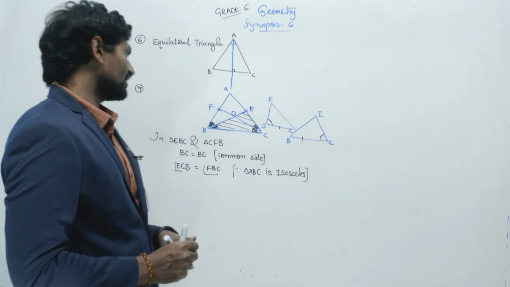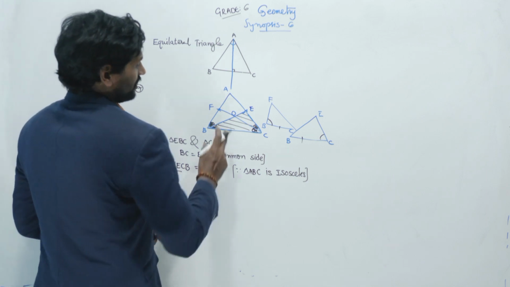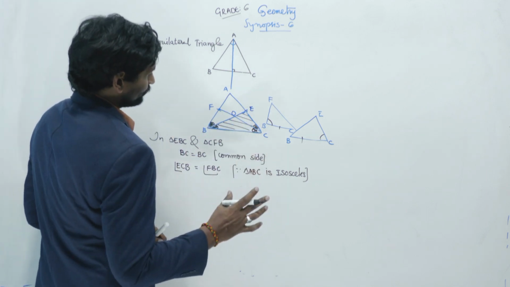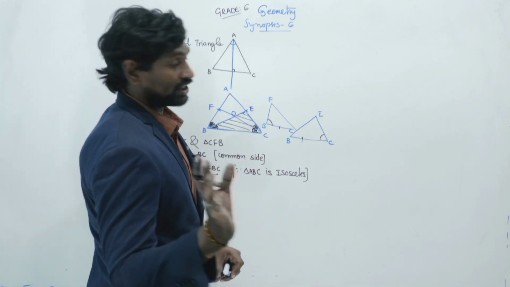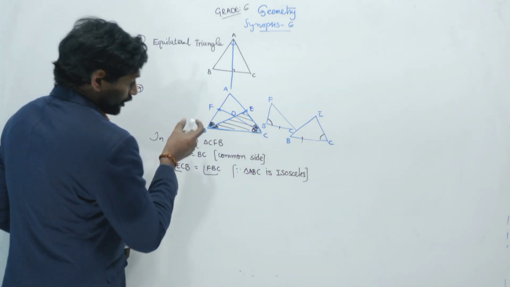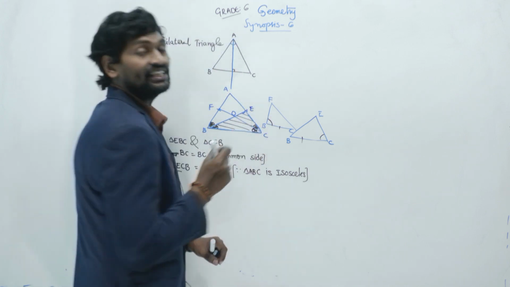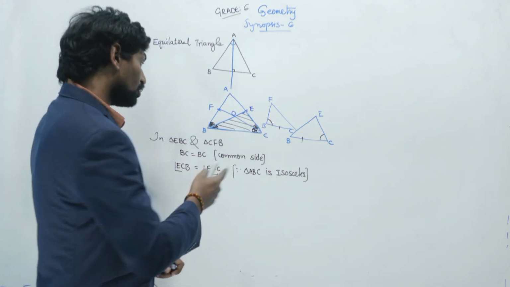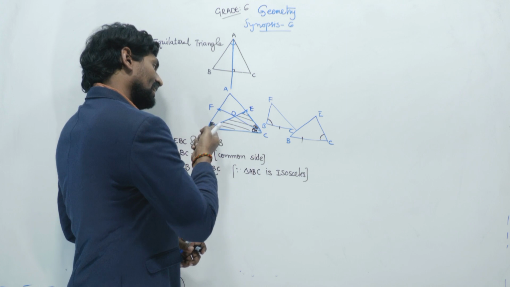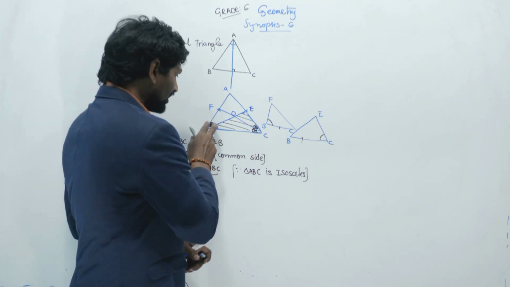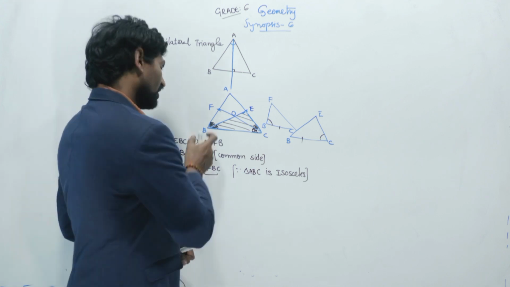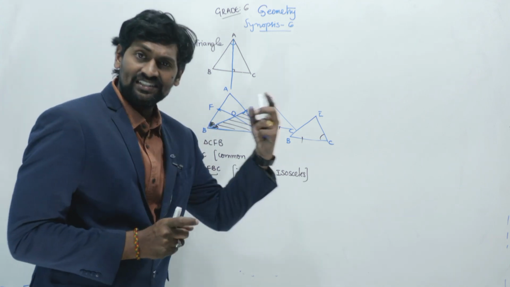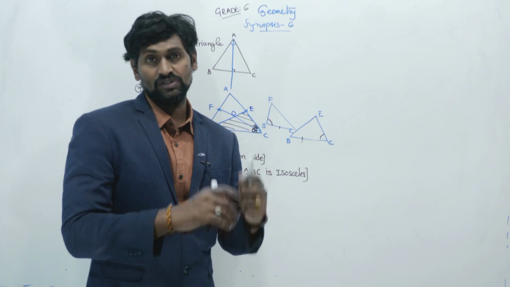Let us try to find the third measurement. Here you should remember that we know already angle B and angle C are both equal, and BE is the bisector of angle B, so it divides it into two parts. For example, if angle B is 60 degrees, angle C is also 60 degrees based on the isosceles triangle.